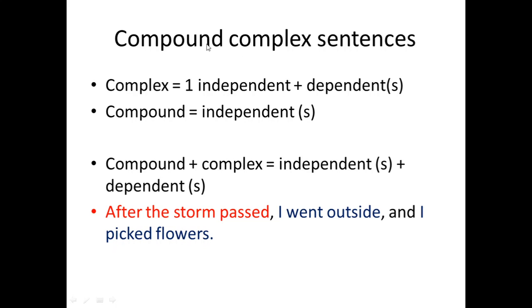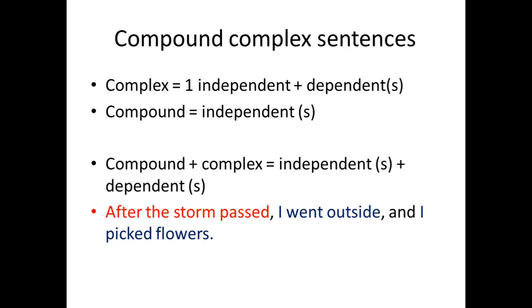More than one independent clause and one dependent clause, and it can vary. You can have two dependent clauses and one independent clause. It doesn't matter. If you have more than one independent clause and at least one dependent clause, then be sure that you have a compound complex sentence.